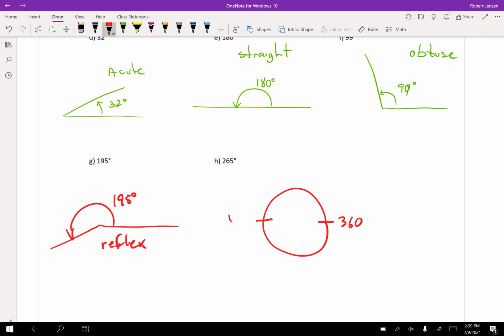So that's 180. This was 90. If I add 90 to 180, I get 270. Okay? And so 265 is just a little bit smaller than that. So not straight down here. Like it's not a 90-degree angle here. It's just a little bit less than that. Okay, and this is also still a reflex angle.